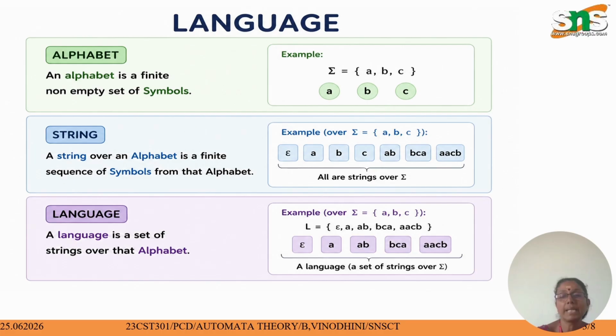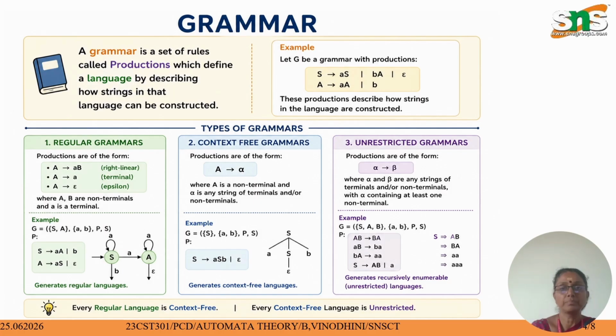For example, the alphabet contains the three symbols a, b, c, and we can derive the strings epsilon, a, b, c, ab, bc, ca, ac, cb, which together form a language for that alphabet. So you now know the difference between an alphabet, a string and a language. A language is constructed from strings, and a string is constructed from the alphabet.